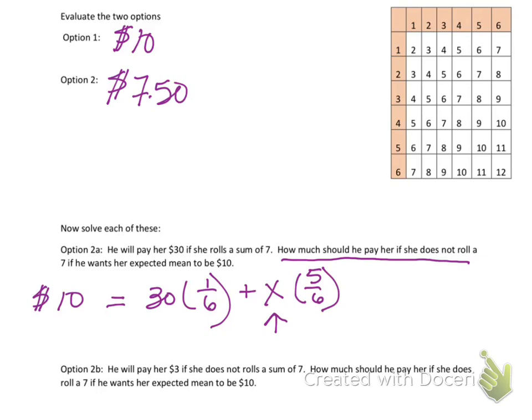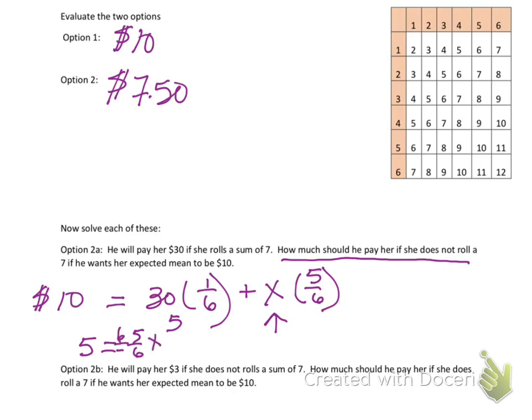Well, first off, we can make our numbers simpler. 30 times 1/6 is 5, so you can make this 5. So now you have 10 equals $5 plus some other x times 5/6. Subtract $5 from each side, and you get 5 equals 5/6 times x.